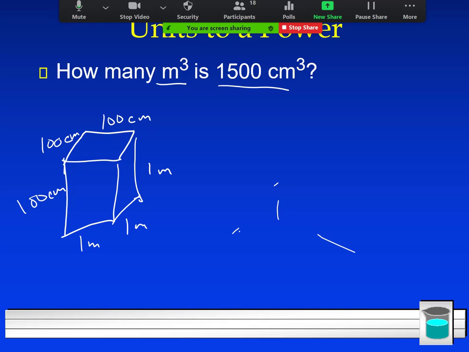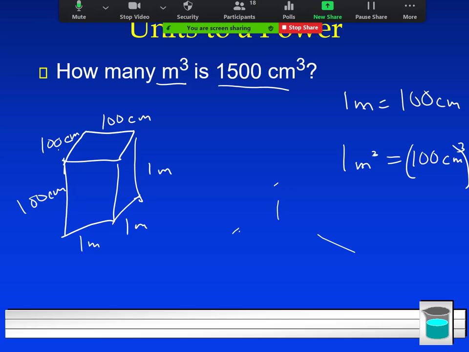So while one meter equals 100 centimeters, one meter cubed has to equal, that's length times width times height, that 100 centimeters cubed. But the cube has to go outside.